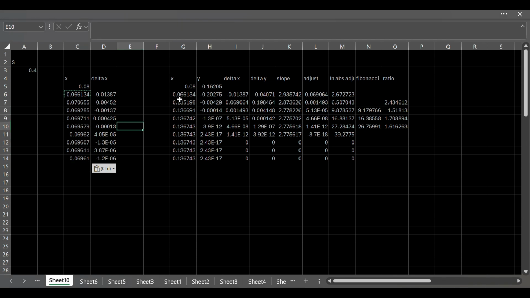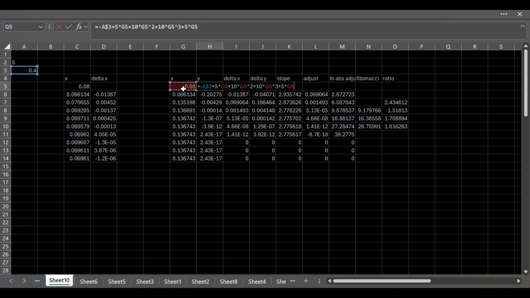And we can use the first two values here, but we have to change the y values. And the y value here is minus the parameter plus 5 times x plus 10 times x squared plus 10 times x cubed plus 5 times x to the fourth plus 1 times x to the fifth.